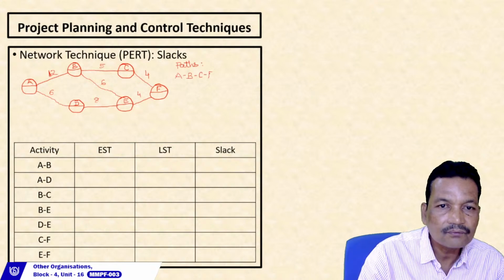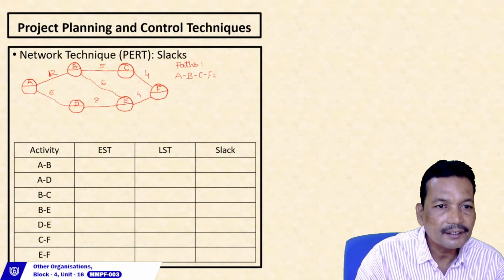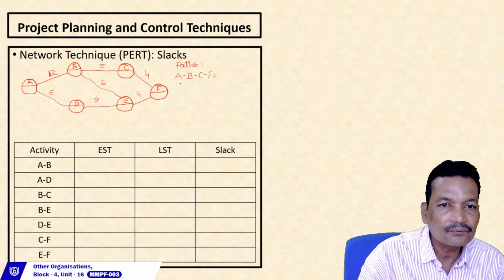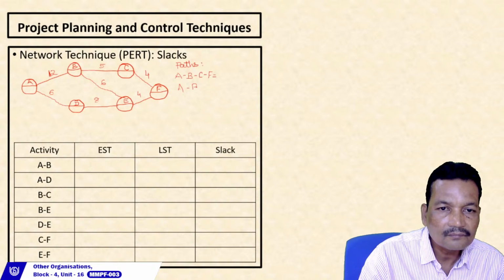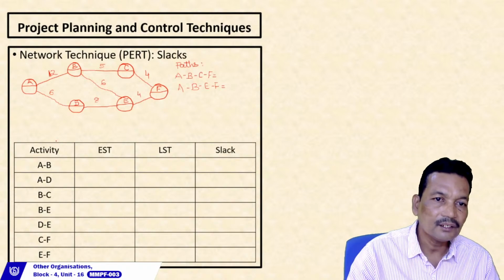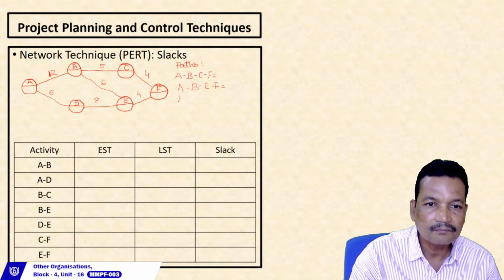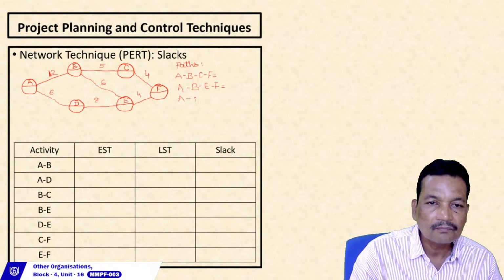Another is A, B, E, F. We also have a third path, that is A, D, E, and F.